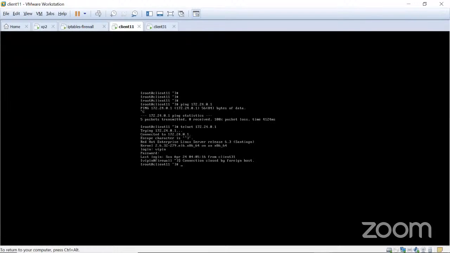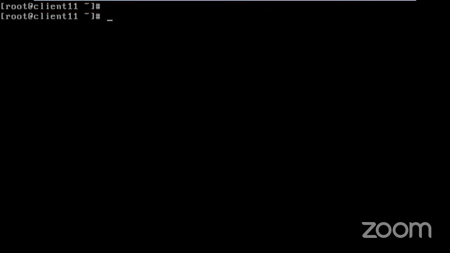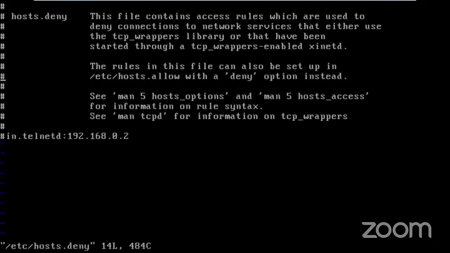So let me go to the 11 system. I have told that a total of 11 types of securities are there. In my case, I will go to this system and open one file, the etc hosts.deny file. This is called TCP wrapper type of security.